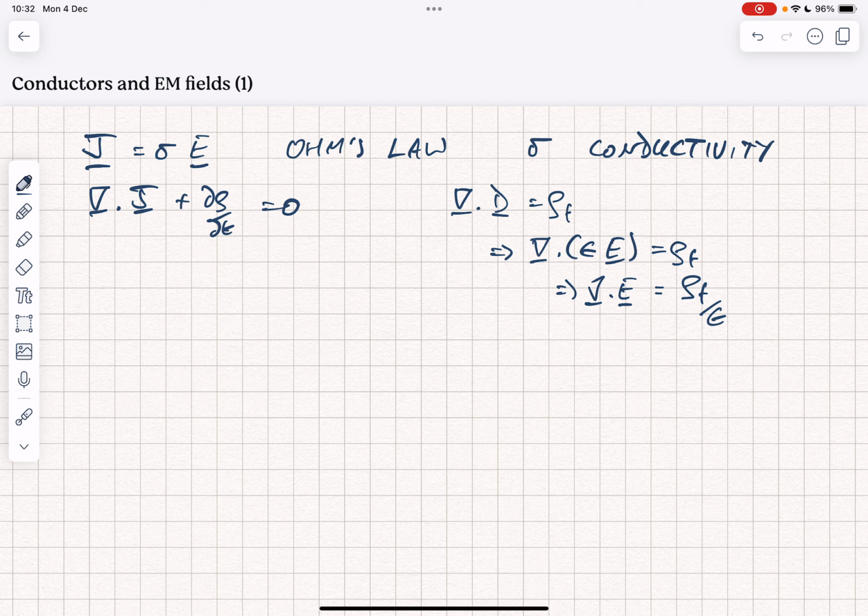So let's do some substitutions into the continuity equation.